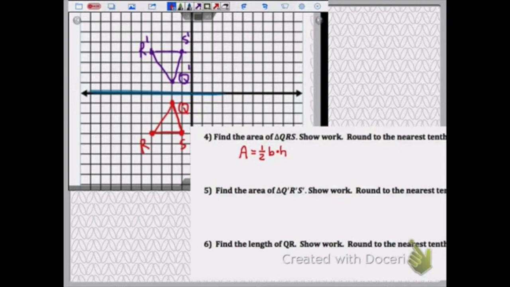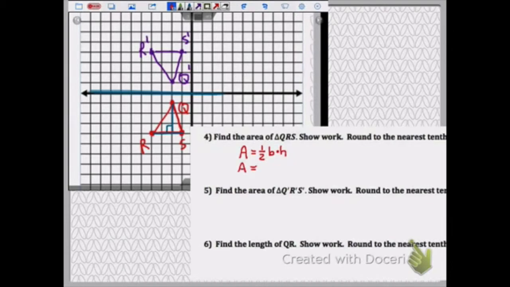So I need to look at my shape, triangle QRS, and decide what is the base and what is the height. The base is 3 units long. The height is also 3 units. The base and the height of a triangle will always meet at a right angle. So let's plug those values in.